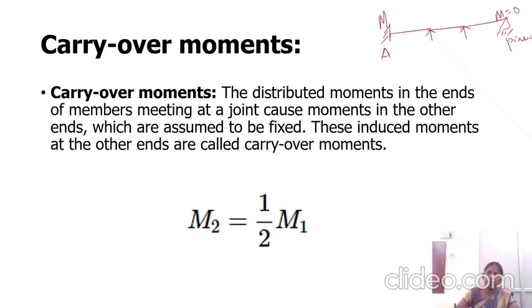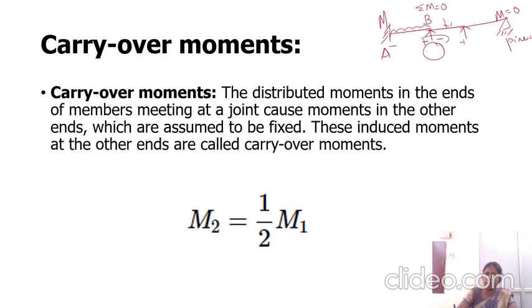And you are making the joint B, the summation of moment should be equal to 0. With the given loading condition, you will have some unbalanced moment at the joint B. Depending upon the loading condition, you have a minus value and a plus value.